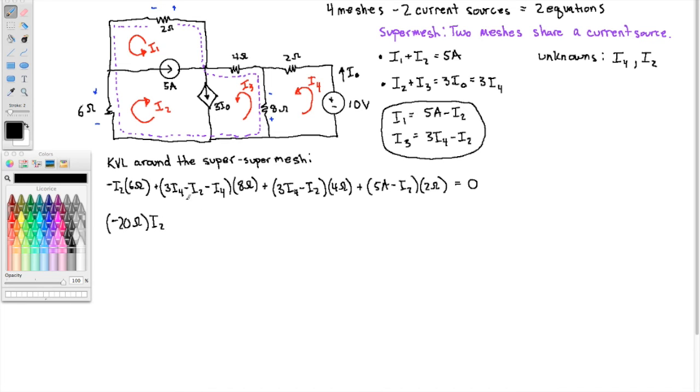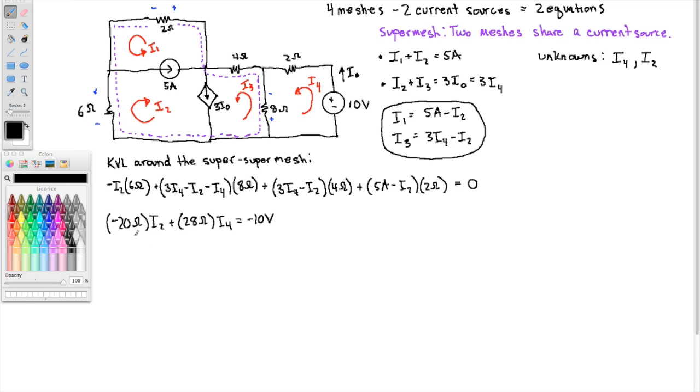For I4, I've got 24, and inside the parentheses here I have 3 minus 1, so 2 times 8, that's 16, I4. 16 and a 12 is 28. So I've got a plus 28 ohms I4. Now for the constants, I only have this guy, the 2 ohms times the 5 amps. That makes 10 volts. When I subtract it over, that makes minus 10 volts.